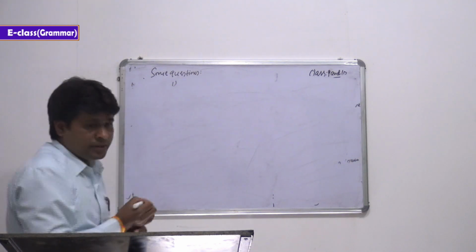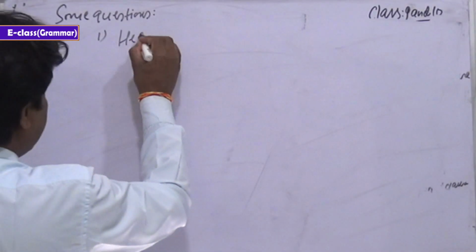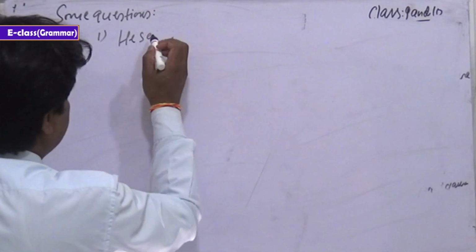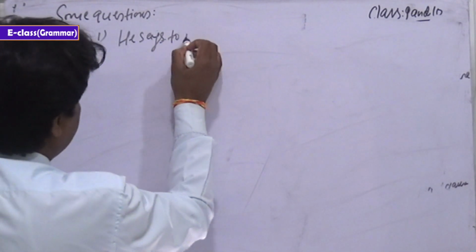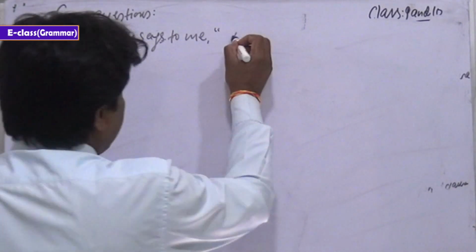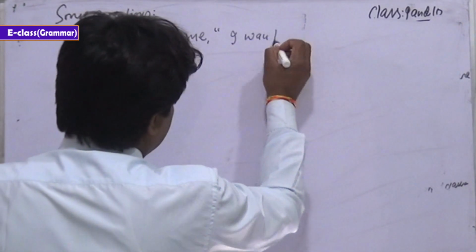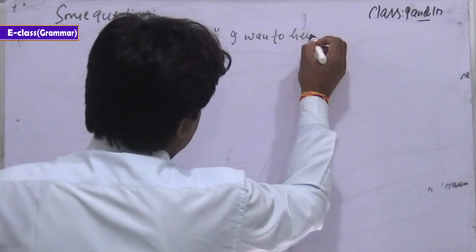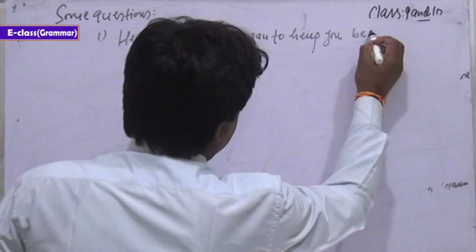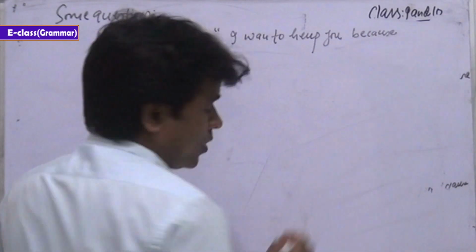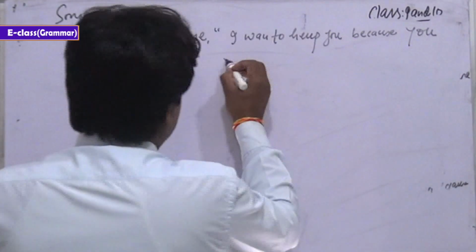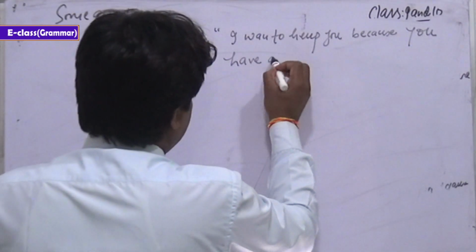Number one, he says to me, so it's right, says here. He says to me, inverted comma, I want to help you because you have always helped me.